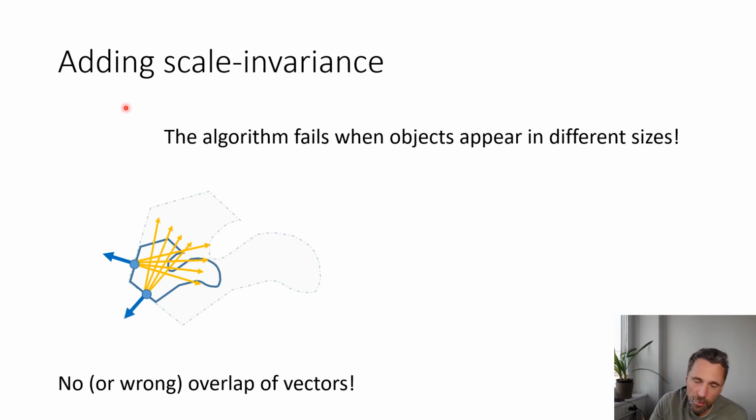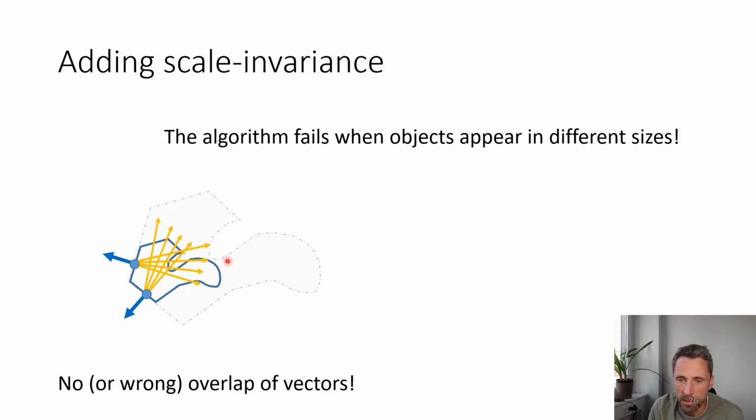But that wouldn't work if you had a differently scaled object, right? So think of your object's template not having the same size as those objects that appear in your haystack image, or the other way around, it doesn't really matter.